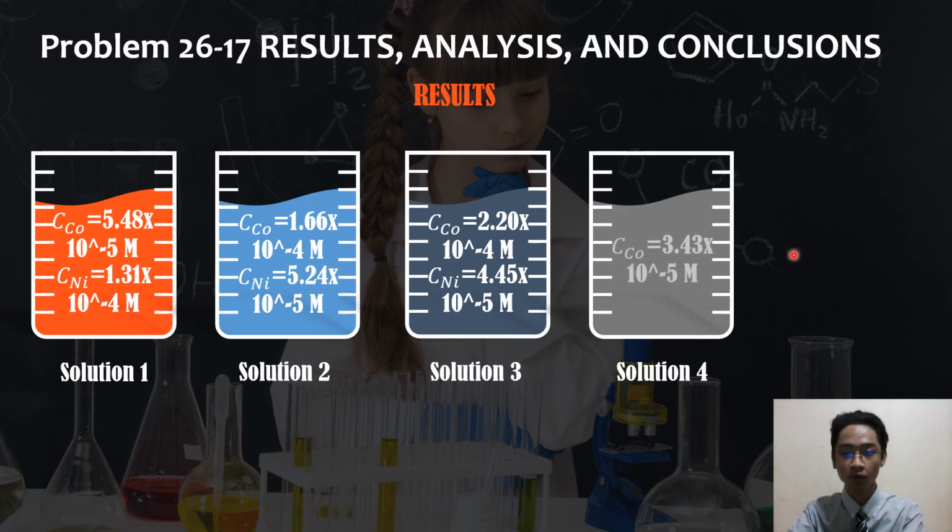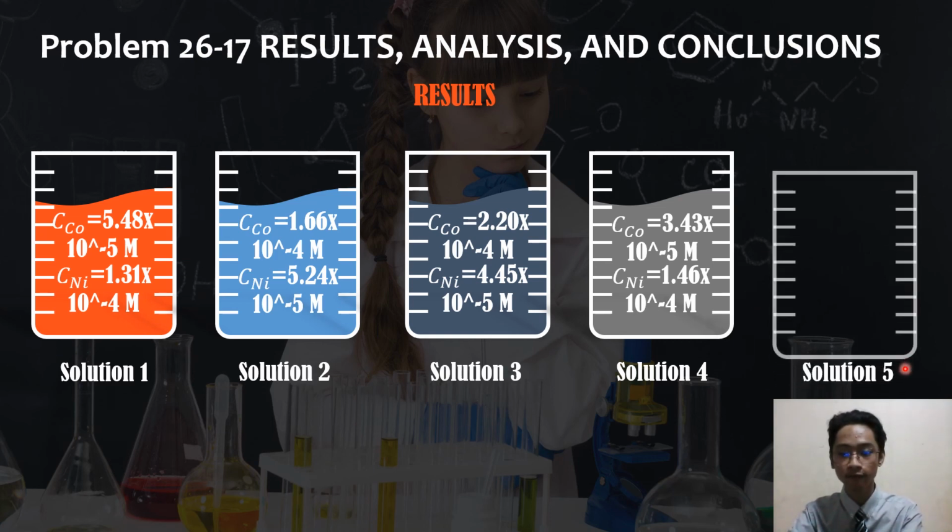For solution 4, we get concentration of cobalt is equal to 3.43 times 10 to the negative 5. Concentration of nickel is equal to 1.46 times 10 to the negative 4.